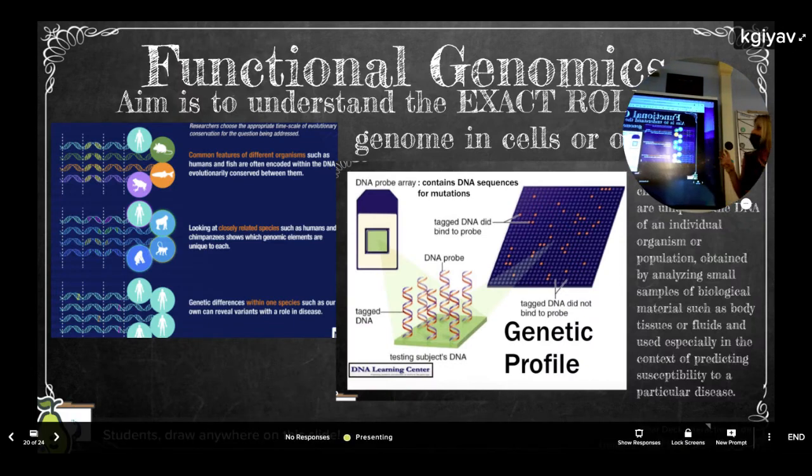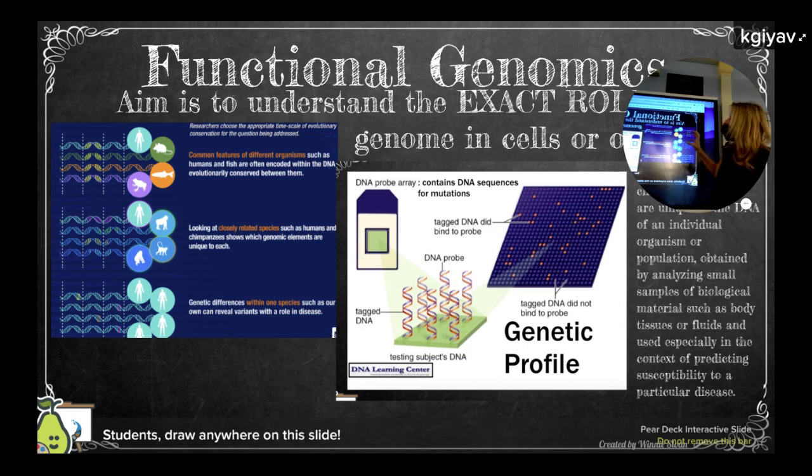So functional genomics is trying to understand how all of this, yes? Are intergenic regions between genes, are they made of nucleotides or just different? Yeah, all DNA is made out of nucleotides. Okay, so functional genomics is you're trying to understand the role of everything, whether it be intergenic or not.